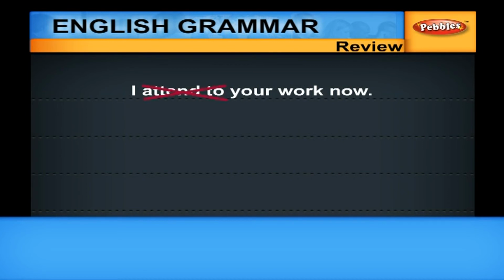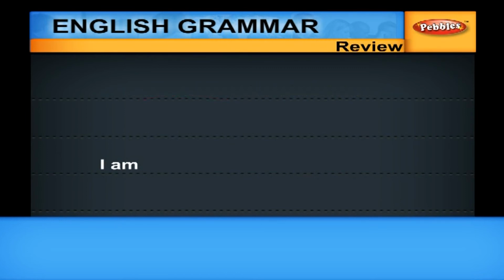So for continuous aspect, we need to use be form, helping verb is or am. Since it is first person singular, we need to use am and we need to use present participle for the verb attend, which is attending. So the correct sentence is, I am attending to your work now.